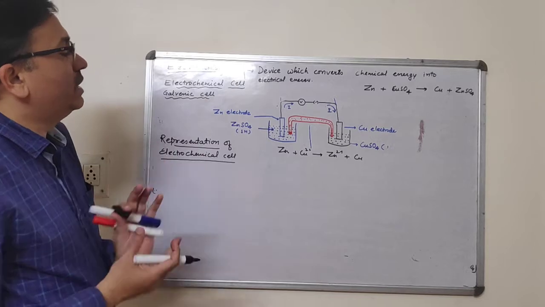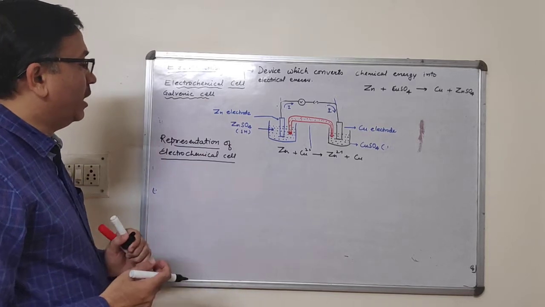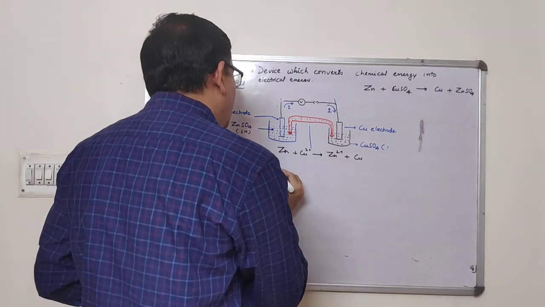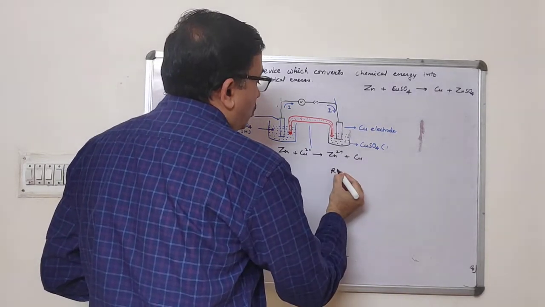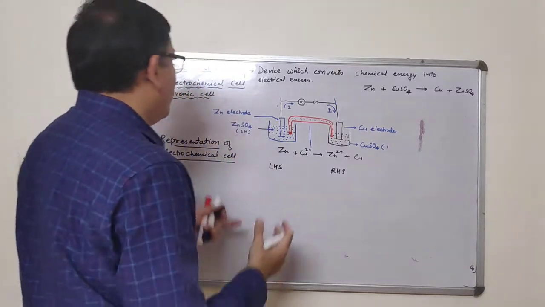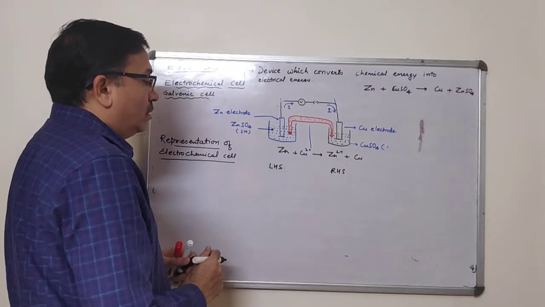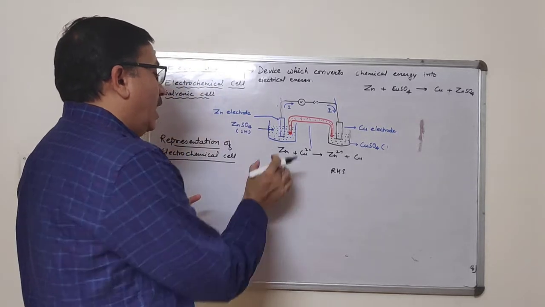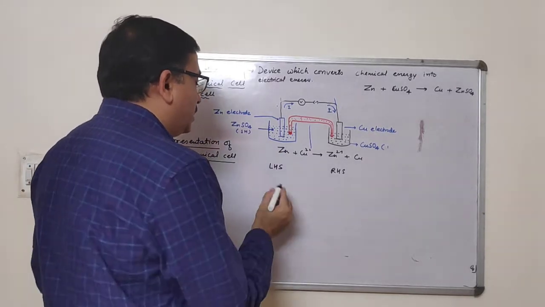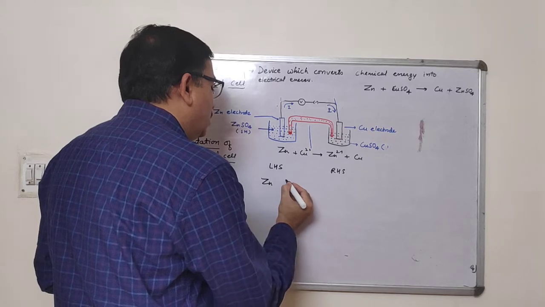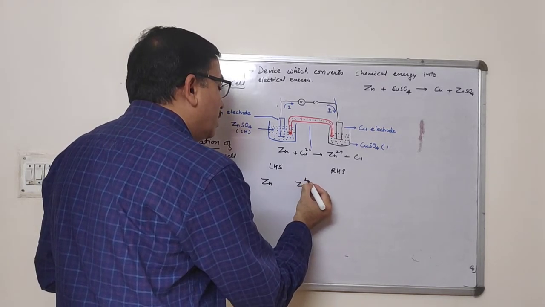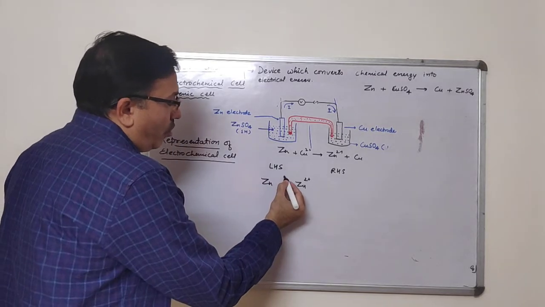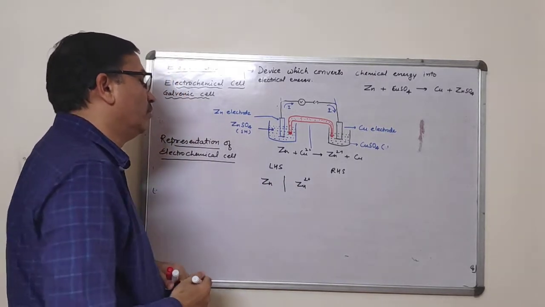So how to represent a cell in one line? The anode is on the left hand side and the cathode is on the right hand side. So while representing a half reaction or a cell, you have to present the anode on the left hand side. What happens here? Zn converts into Zn2+. And see, instead of an arrow, you have to use a single vertical line.